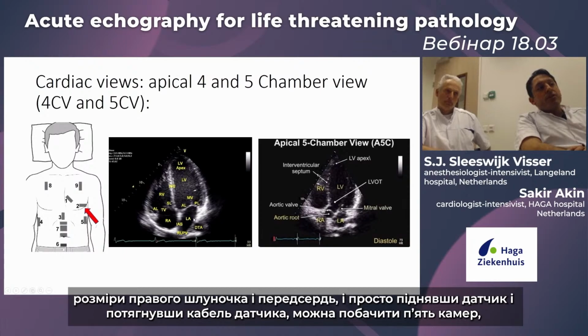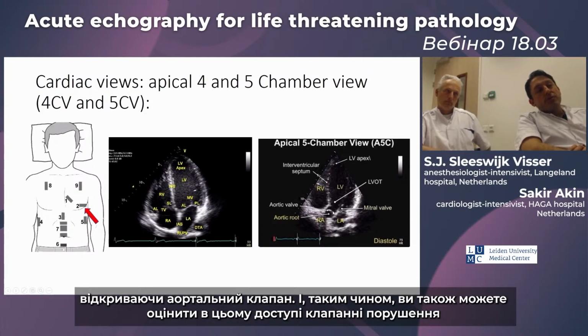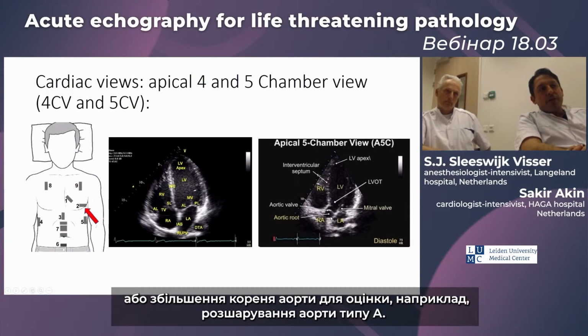And by just tilting up the probe and pulling down the cable of the echo probe, you can see the 5 chamber view by opening the aortic valve. So you can also assess in this view valve disorders or aortic root enlargement, for example for assessing type A dissection of the aorta.